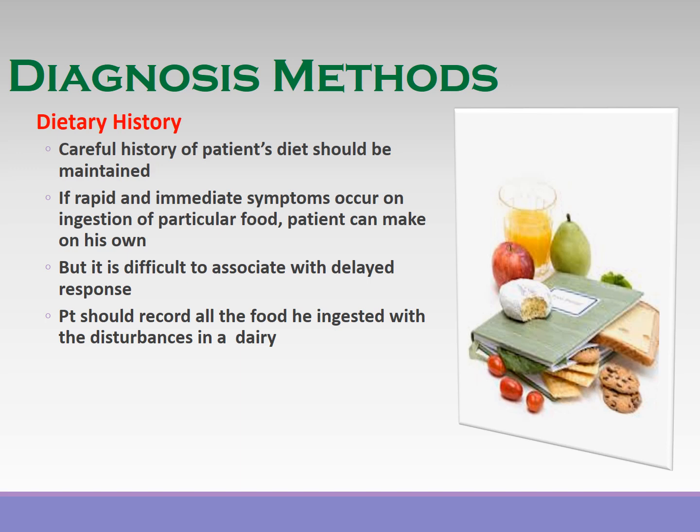If rapid and immediate symptoms occur on ingestion of a particular food, the patient can make the association on his own. But it is difficult to associate with a delayed response. That is, if you get a delayed response to a food which you are really allergic to, it will be difficult for us to know which particular food you are allergic to.